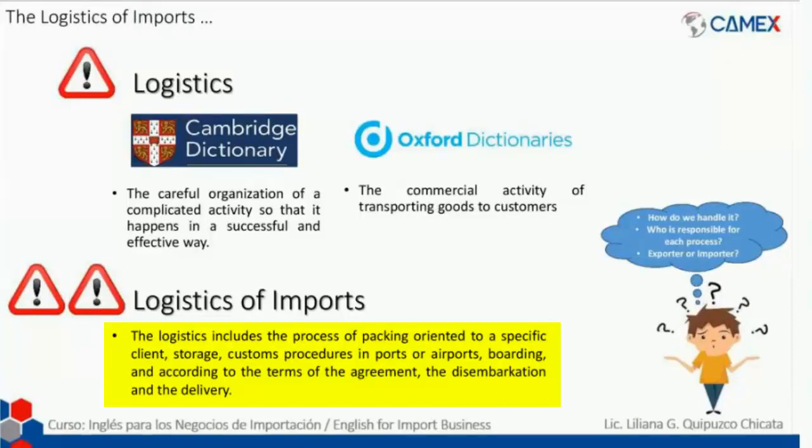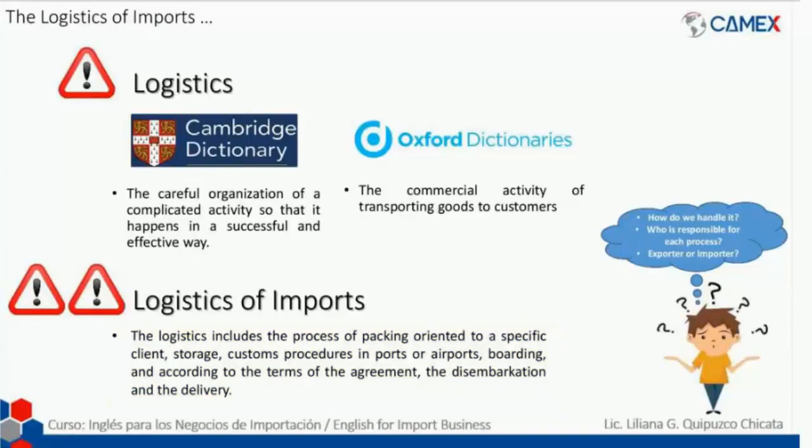So it is, as Cambridge says, a complicated activity of bringing the products that you are importing, including storage, customs, boarding, terms of agreement, disembarkation, and delivery between an exporter and an importer.